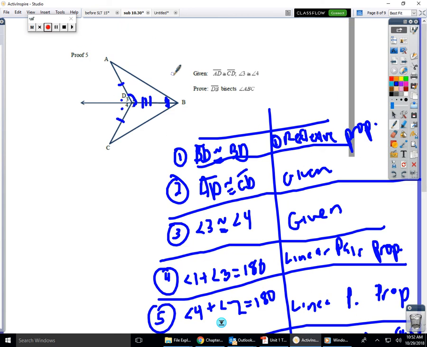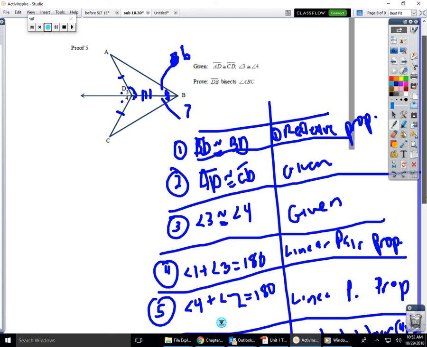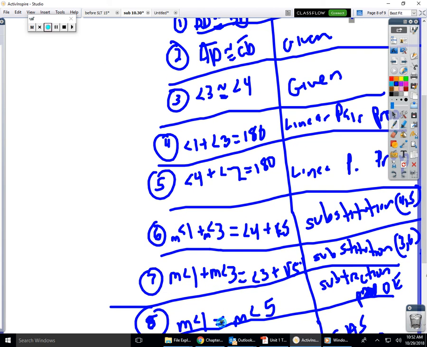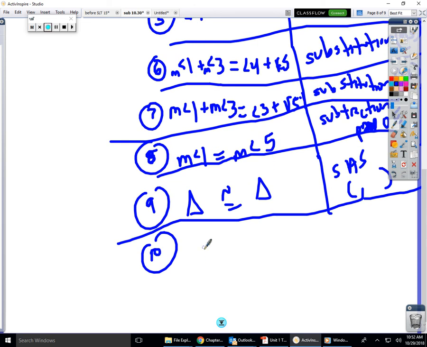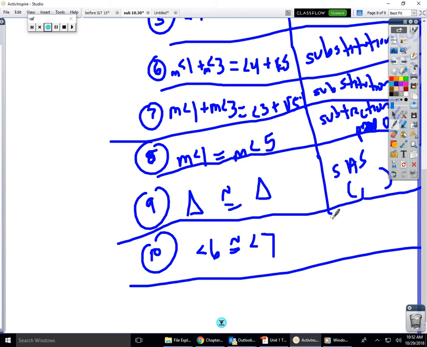And just for this purpose, I can't call it 3 and 4, so I'll call it angle 6 and angle 7. So I'm now going to say angle 6 is congruent to angle 7. And the reason why angle 6 is congruent to angle 7 is CPCTC. This means corresponding parts of congruent triangles are congruent.